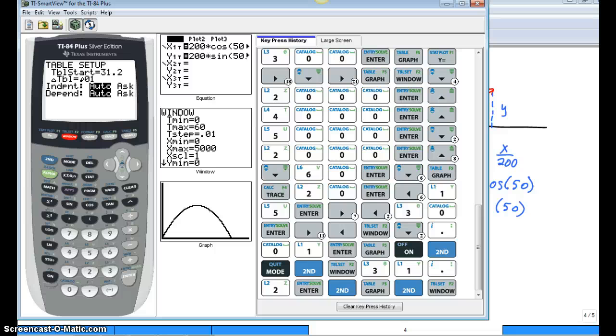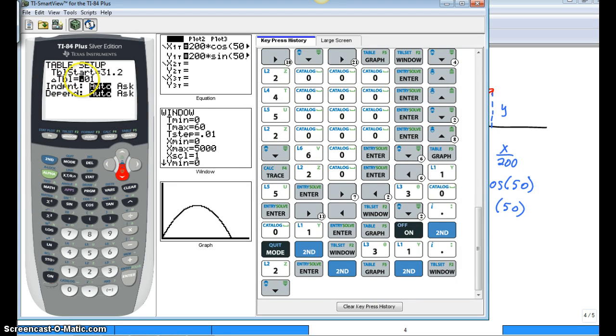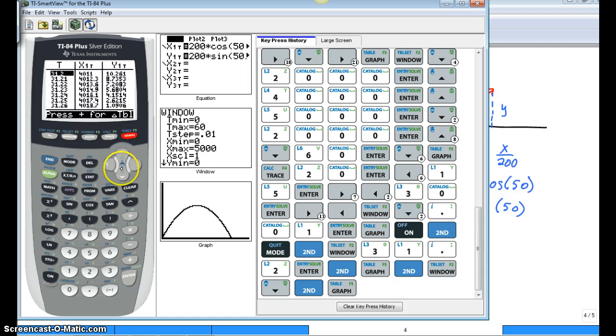So table start, you're going to type in that lower bound, that 31.2, and then you're going to make your delta table. That's just like the t-step. So our t-step will be 0.01. So instead of making our computer or calculator graph that, we're just going to list out our table and see how much quicker that came up.